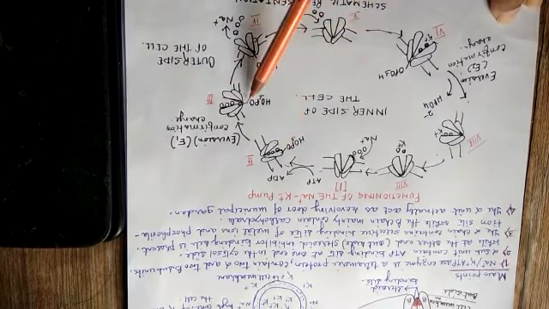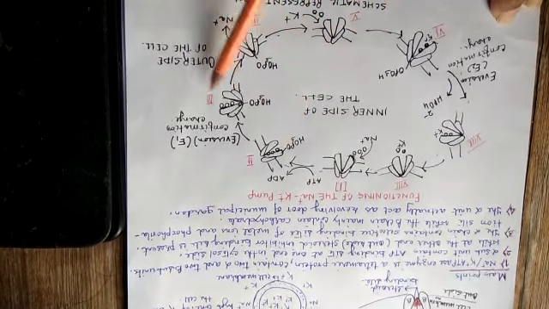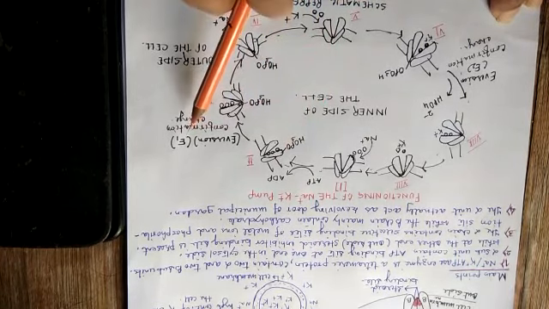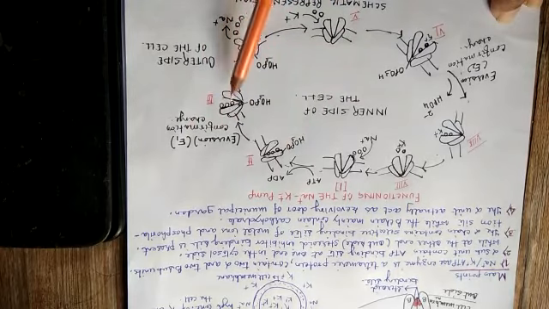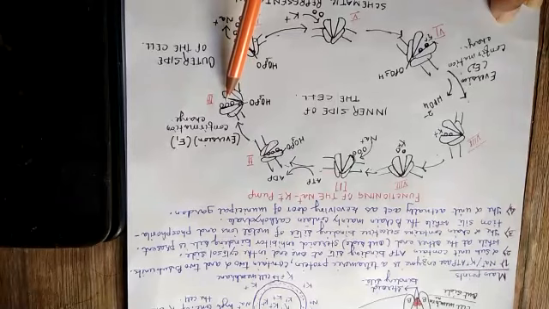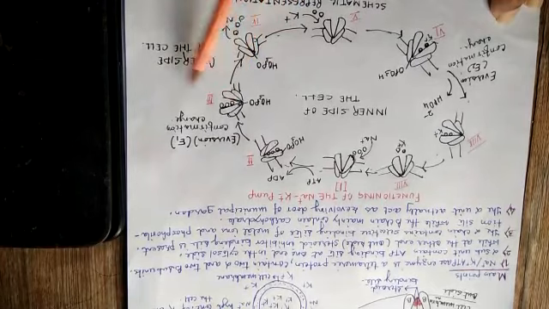The opening side is closed, and it opens in extracellular fluid. This is called eversion, that is, change of conformation. When this conformation is changed, the binding capacity of sodium is not as strong as before, so it gets released in extracellular fluid.